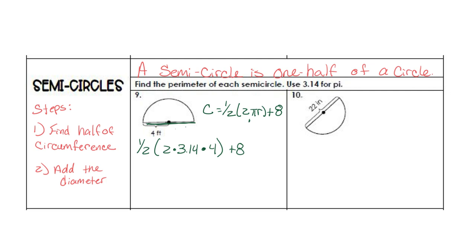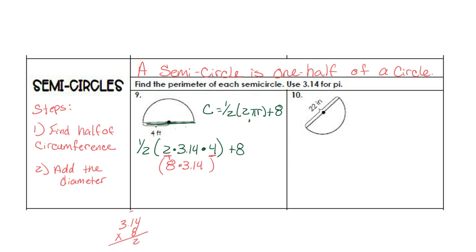First thing we should probably do is 2 times 4, which is 8, times 3.14. Again, I'm still in parentheses. So off to the side, you might want to go ahead and do 3.14 times 8. 4 times 8 gives you 32.